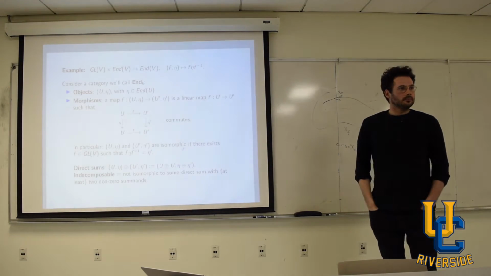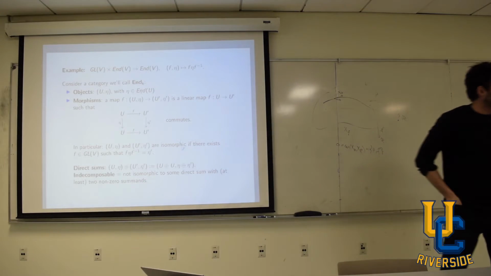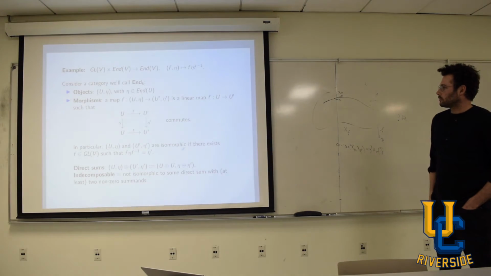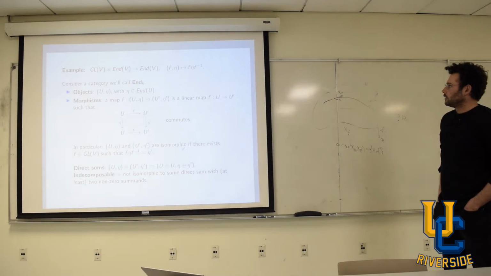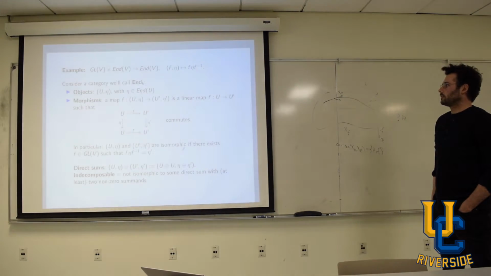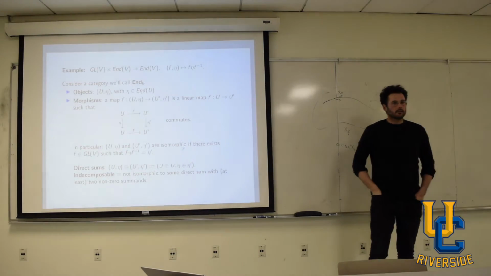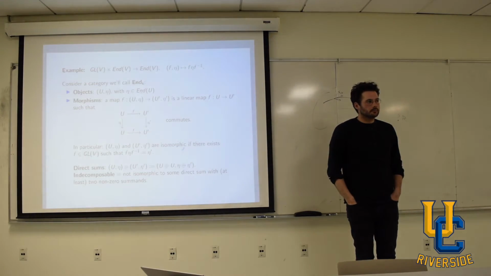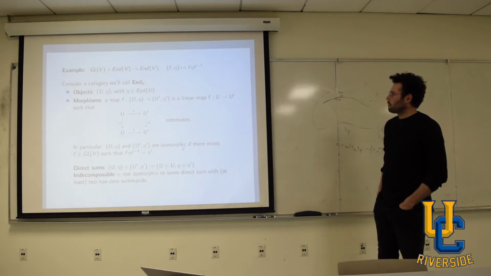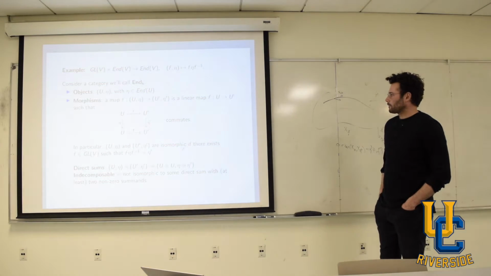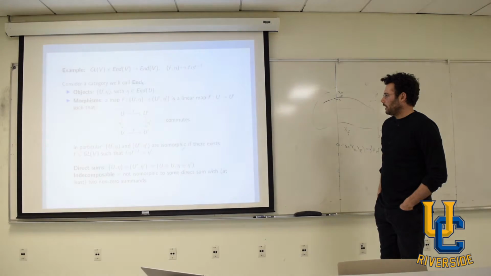So is the endomorphism presumably something like a Hamiltonian? Here, no. We're just looking at classifying linear maps from U to U. We just want to know what the basic building blocks of such a map are.